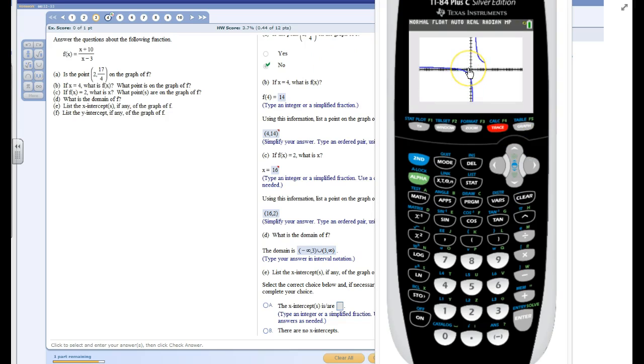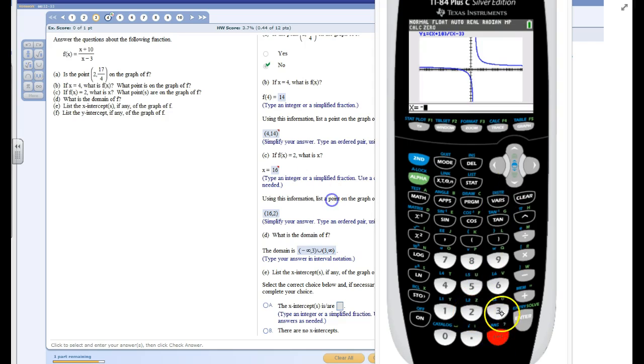So it looks like there's an x-intercept on the left. There is no x-intercept on the right. So to find the x-intercept, I'm hitting second calculate, sorry, to find the zero, you want to choose number 2, which are the zeros.